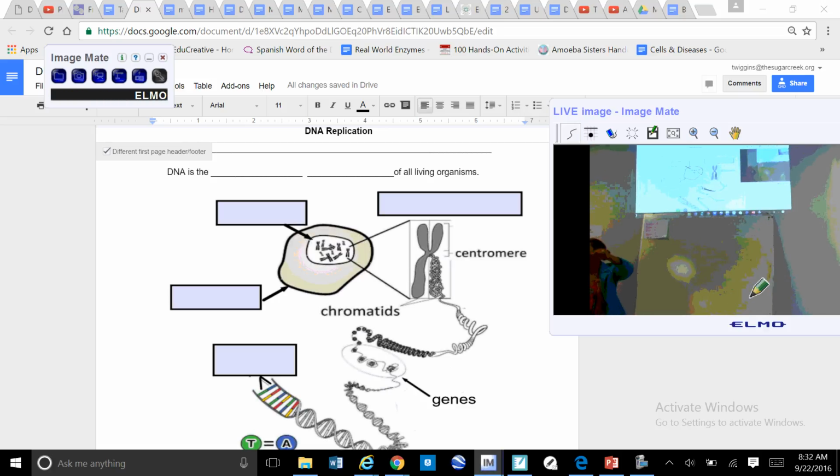So how do we get that other side? We pair it. And we pair it how? Raise your hand. How do we pair that ladder? With the bases. And what bases pair together, Brennan? A to T. What's A?